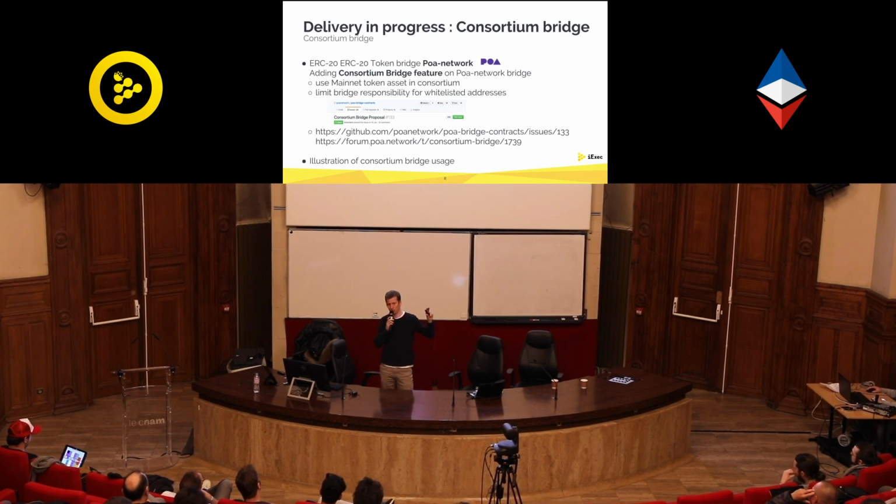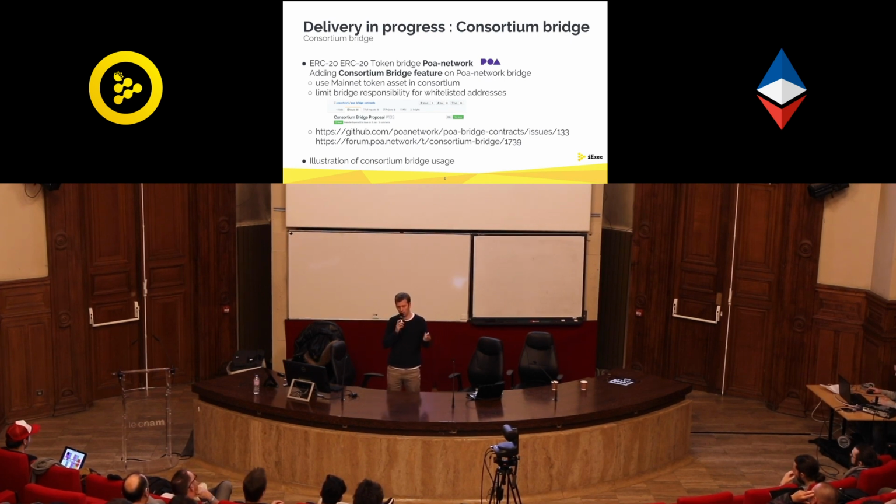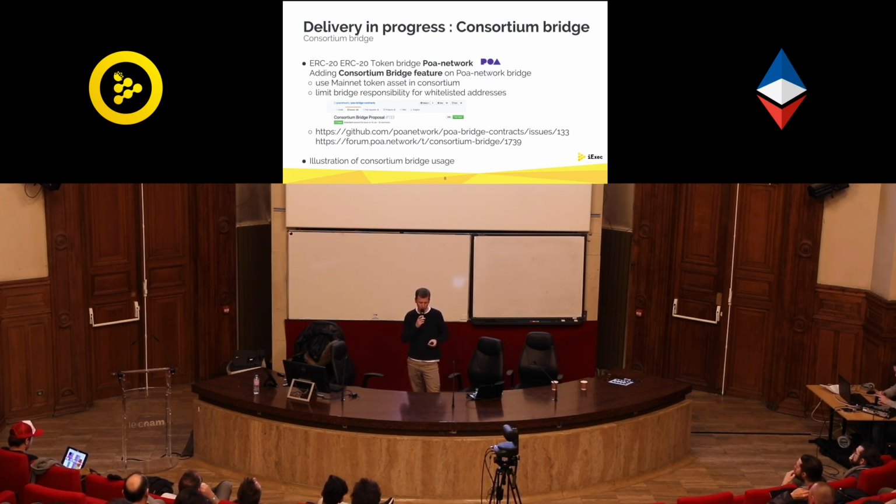You keep the supply of your asset, but you can bridge your value on the other chain. So you can think of it like deposits, and then you can also withdraw and come back to the mainnet. So it's the basic overview of what a bridge can do.